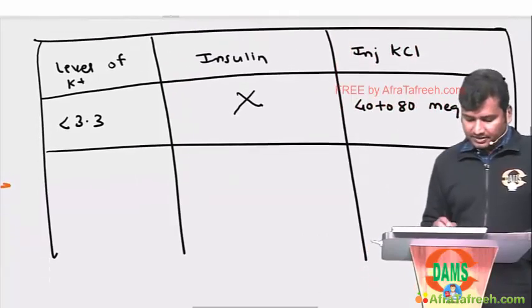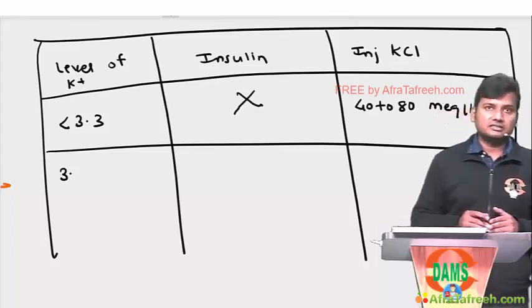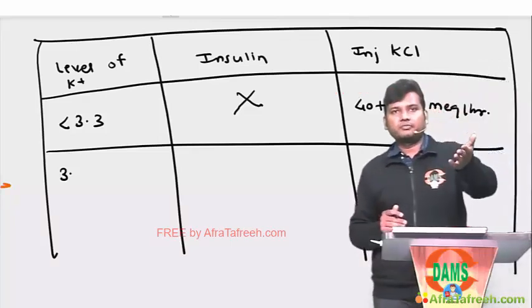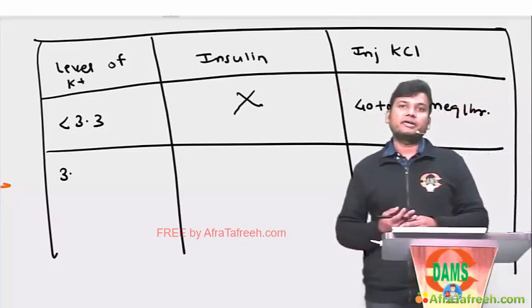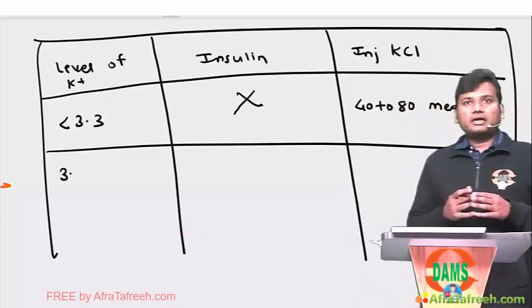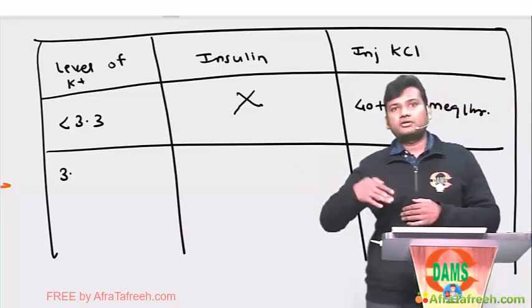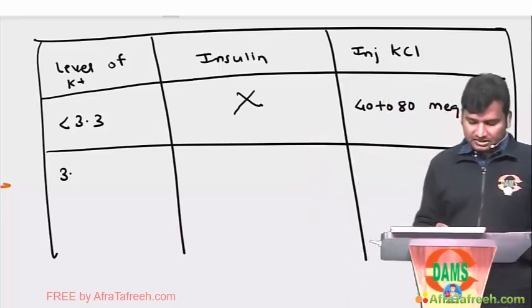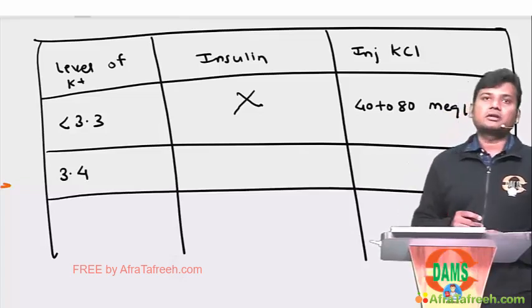Okay, then if the potassium level increases and goes above 3.3, then we can start insulin, because the patient is having diabetic ketoacidosis. So we are giving injection potassium chloride. After 4 hours we will repeat potassium, and this time the potassium level is, suppose, 3.4.